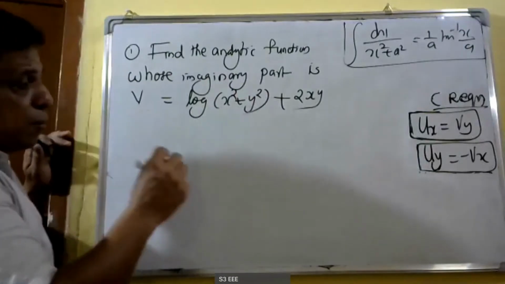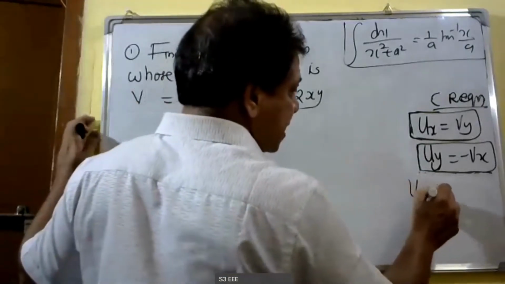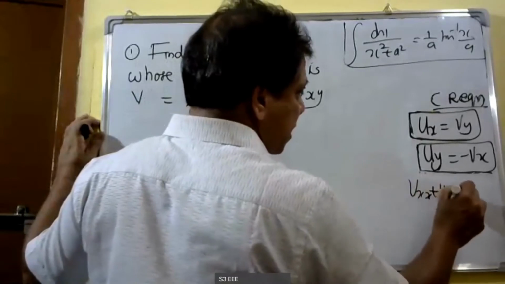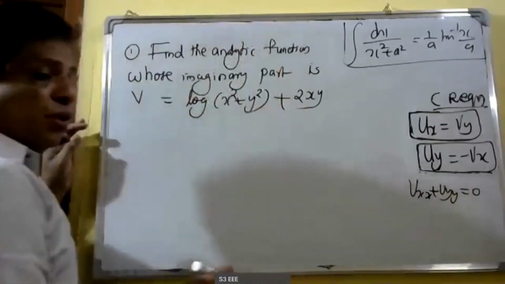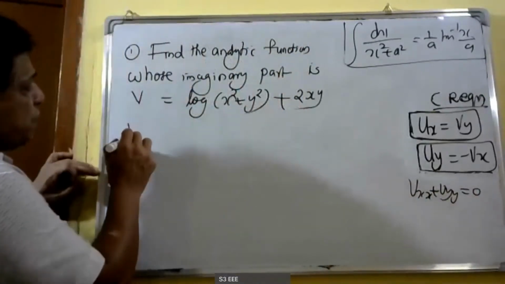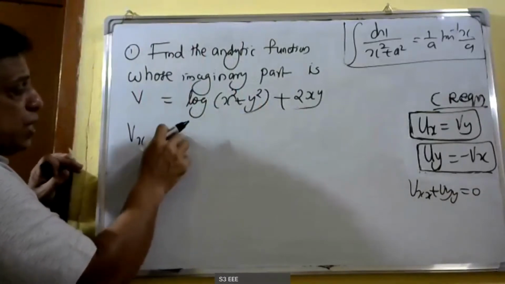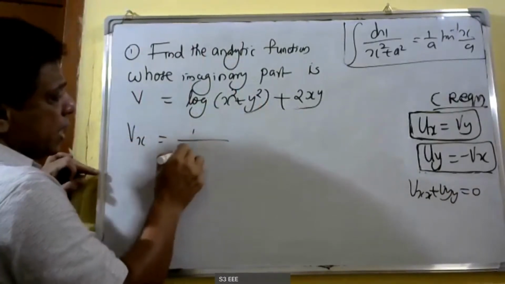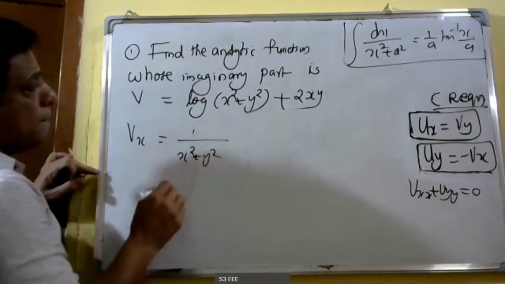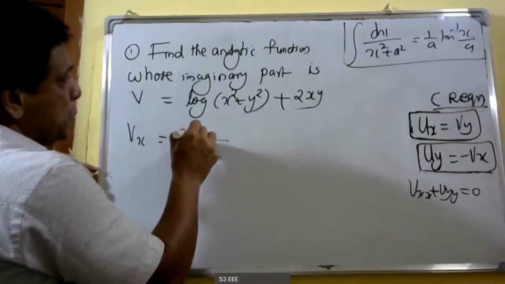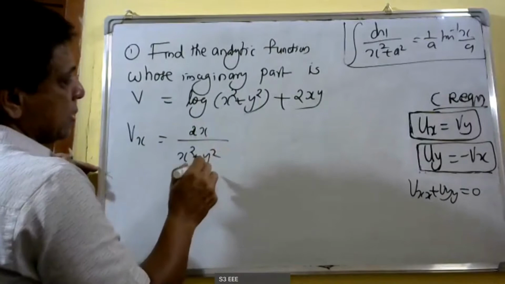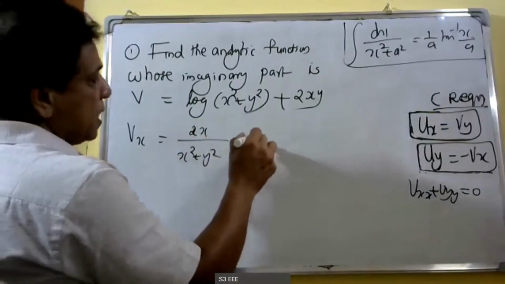To show that v is harmonic, we use the formula vxx + vyy = 0. First, we find vx, partially differentiating with respect to x: vx = 1/(x² + y²) × 2x + 2y.